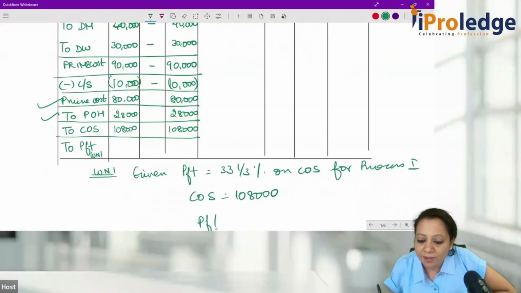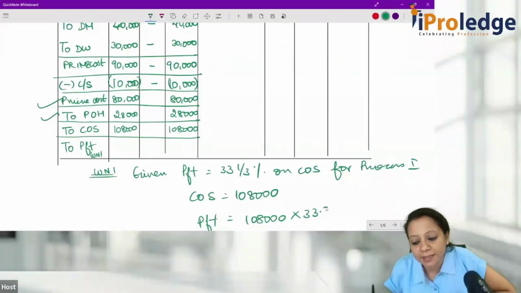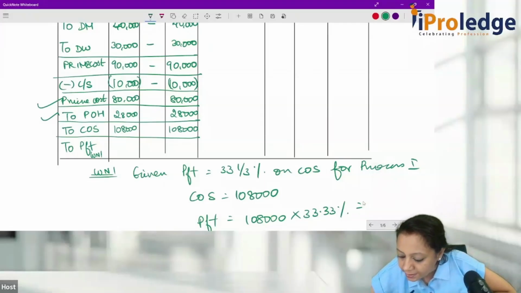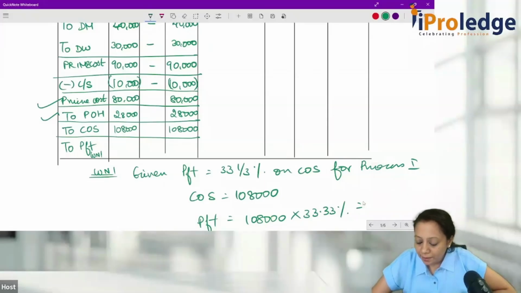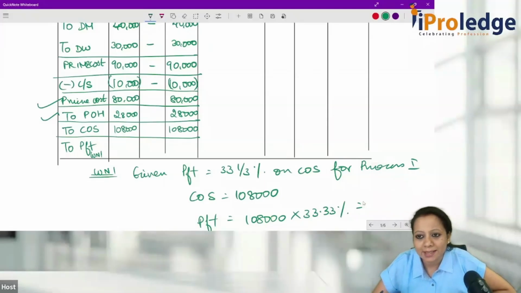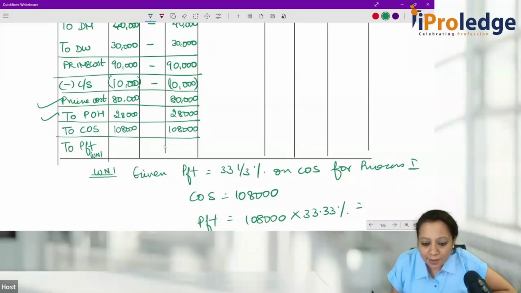That means profit is equal to 1,08,000 into 33.33 percent, which is 35,996. So can we take it as 36,000? Yes, 36,000.